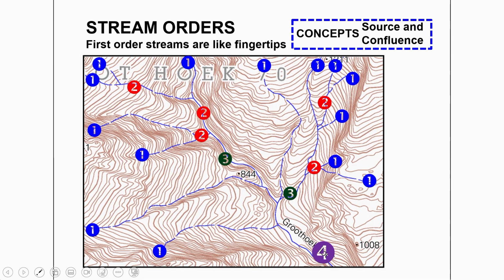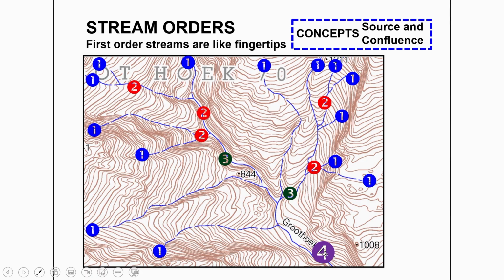Now, let's wrap our heads around this. Two streams of unequal order retain the higher order. So there's your second order stream coming together here with a first order stream, and we retain the higher order, which is a second order. There you still have second order, confluence, first order, retaining the second order.